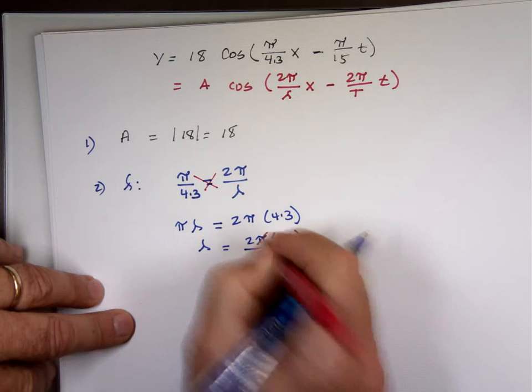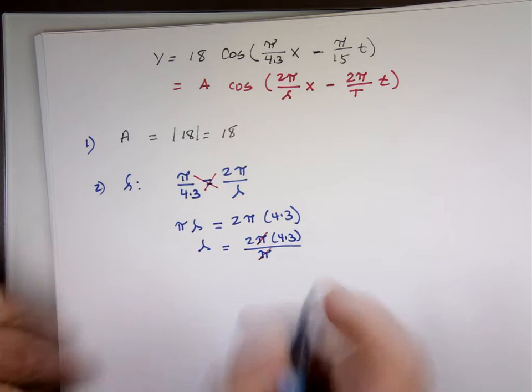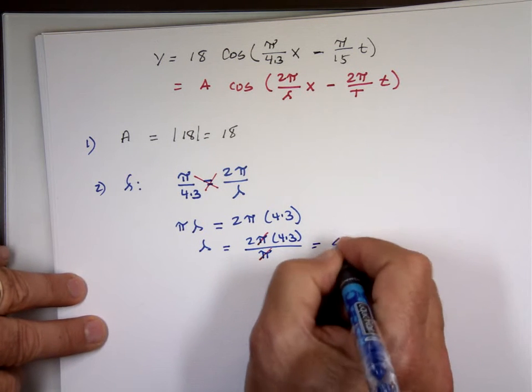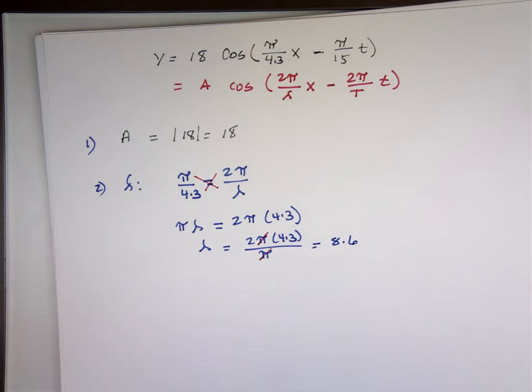Gone. 2 times 4.3, which is what? 8.6. So what is lambda? 8.6. Submit. Correct.